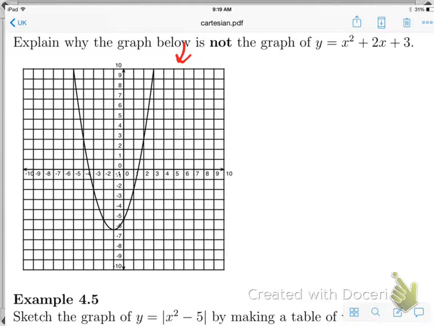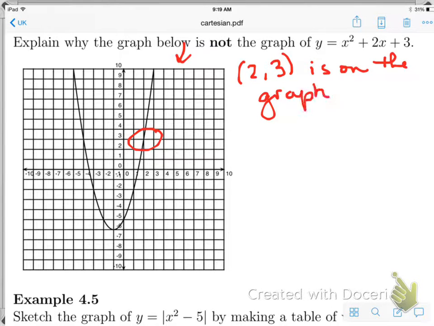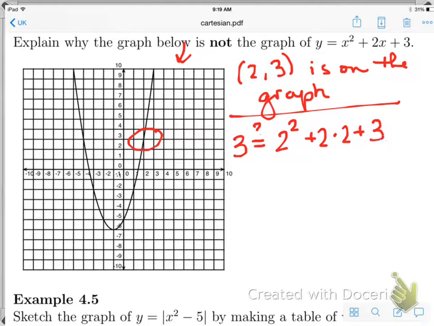So every solution is on the graph. So let's say we take some point on this graph. Let's say the point (2, 3). (2, 3) is on the graph. Well, what we can do now is check in this equation and say, is 3 equal to 2 squared plus 2 times 2 plus 3?